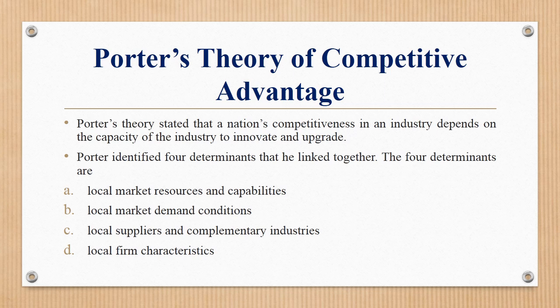This theory attempted to explain the reason behind the excessive competitiveness of some nations as compared to others. The main determinants proposed in this theory were local market resources and capabilities, local market demand conditions, local suppliers and complementary industries, and local firm characteristics. The theory also mentioned the crucial role of government in forming the competitive advantage of the industry.